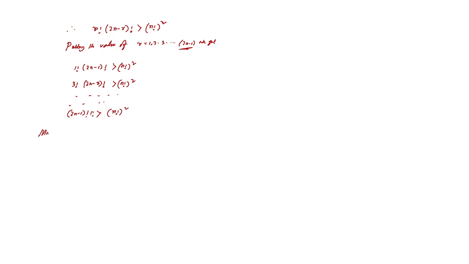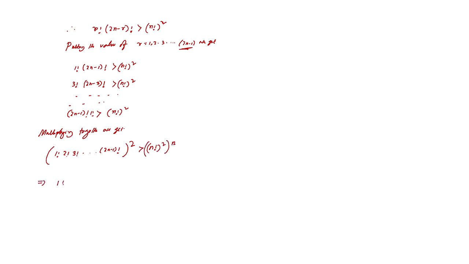So just multiplying together, what we get? 1 factorial, 2 factorial, 3 factorial up to (2n minus 1) factorial, that whole square, is greater than (n factorial) square to the power n.